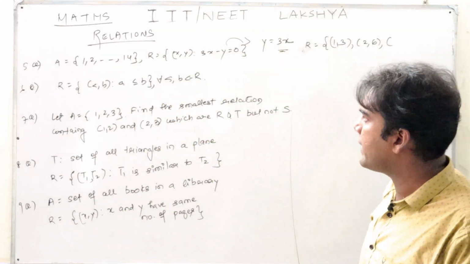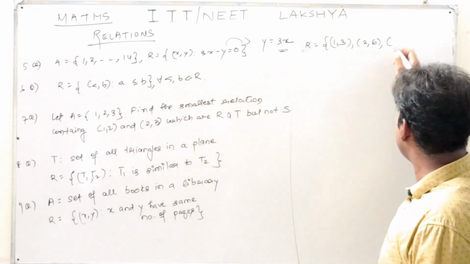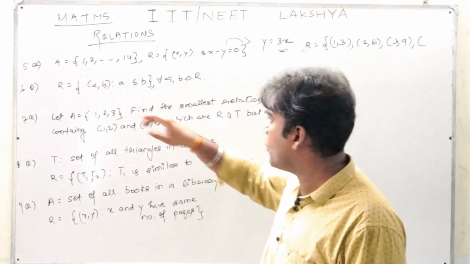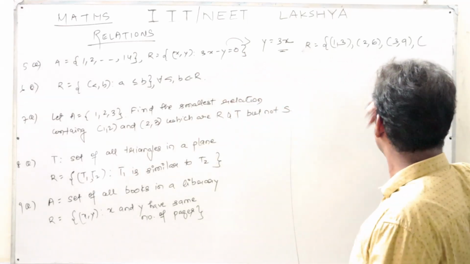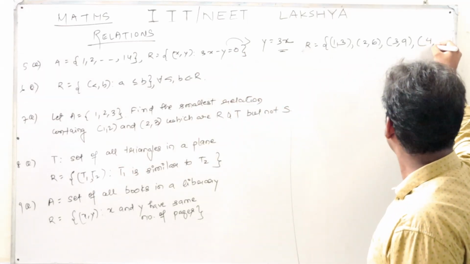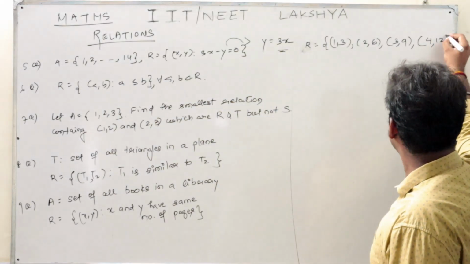If you put x as 3, 3 3s are 9, so you will get (3, 9). If you put x as 4, 4 3s are 12, so you will also have (4, 12), because y is 3x.